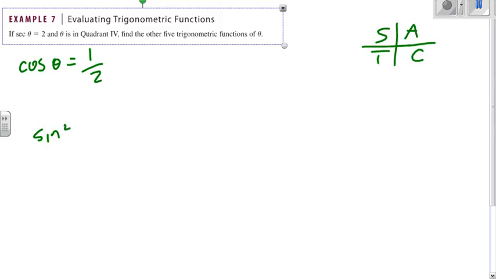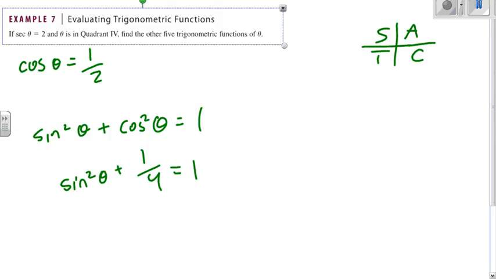And we know that sine squared plus cosine squared equals 1. If cosine is 1/2, then cosine squared is 1/2 times 1/2, which is 1/4. Which means sine squared equals 3/4 when you subtract 1/4 over.